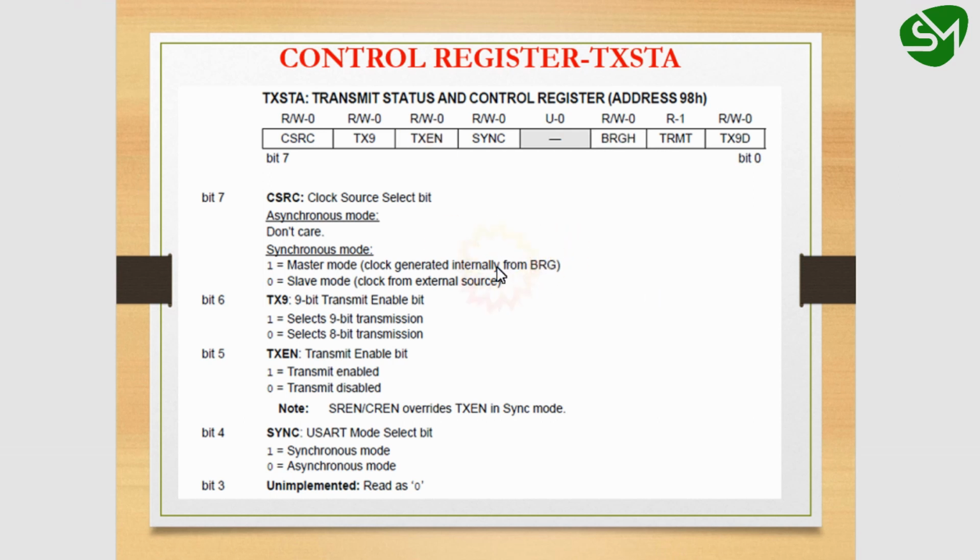In this register we are going to enable only two bits. One is TXEN, that is the transmit enable bit. For transmitting data we must enable this bit, so we are enabling it by making it 1, and we are making the BRGH bit 1.